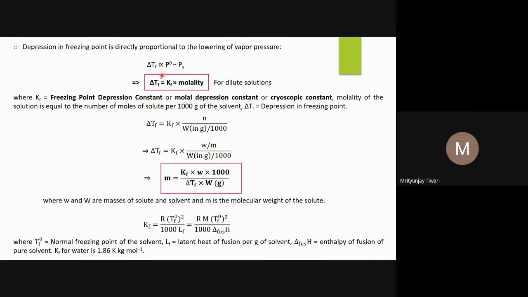So from this equation, what can we do? Even if you do not know the molar mass of the solute, if you just add that solute, you can calculate its molar mass. This is what people initially used when spectroscopic techniques, particularly mass spectrometry, were not there.